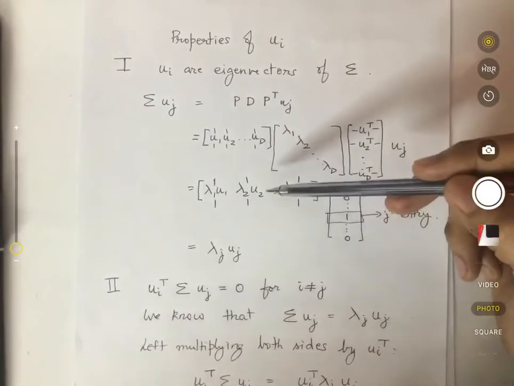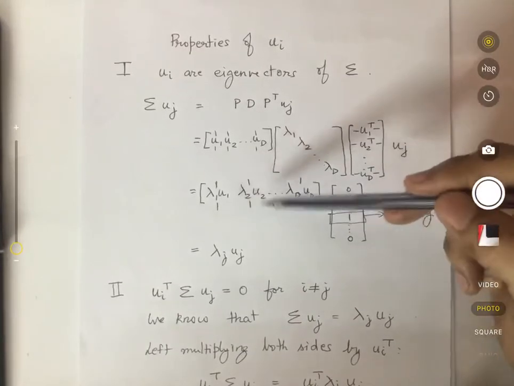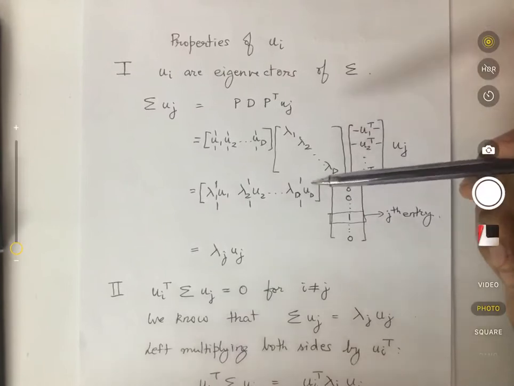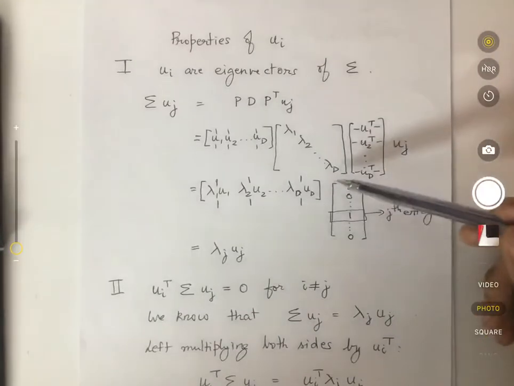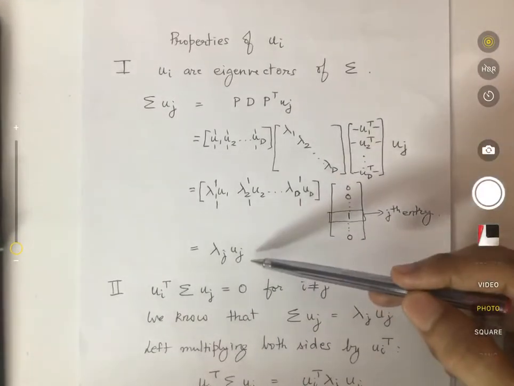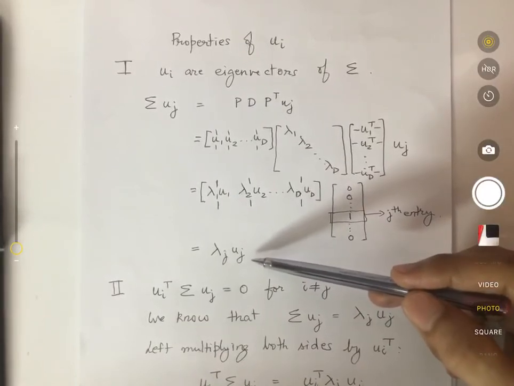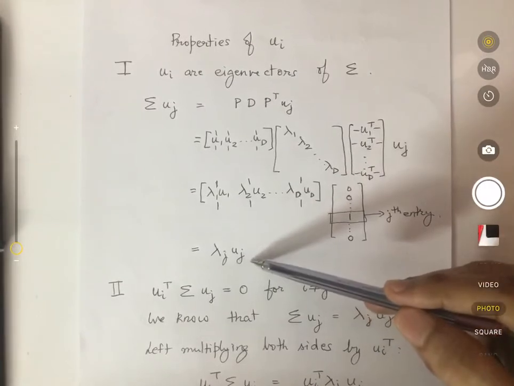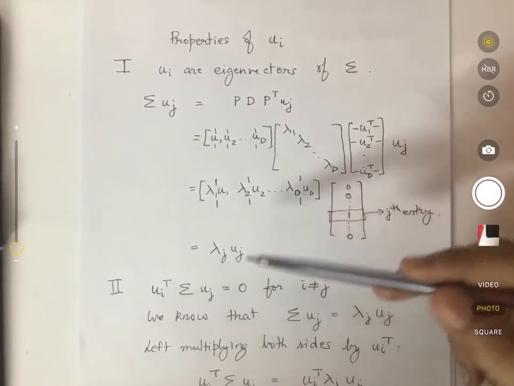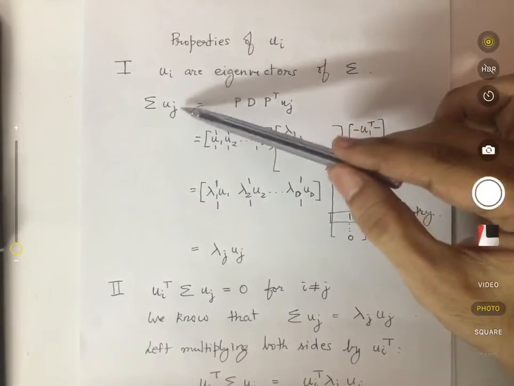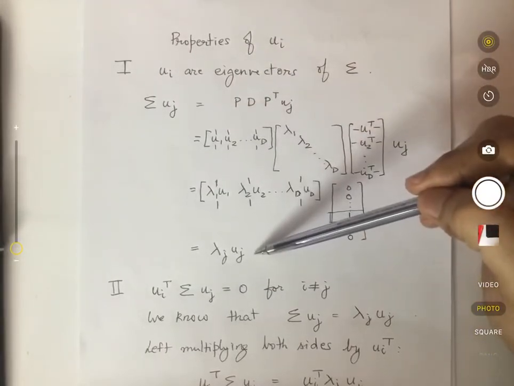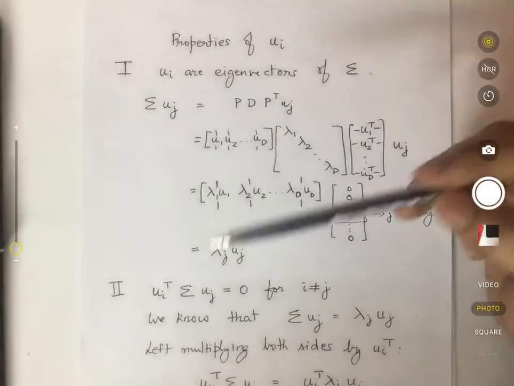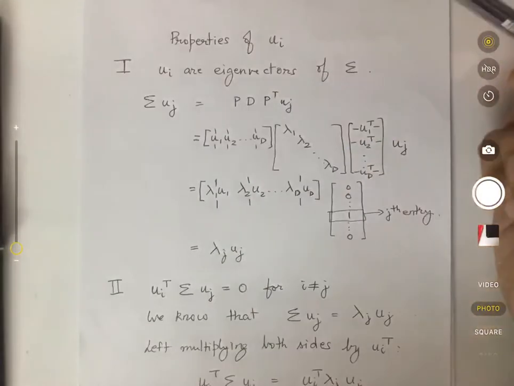You end up getting lambda 1 u1, lambda 2 u2, and so on up to lambda d ud, and then when you multiply with this, you just get lambda j uj. So sigma uj equals lambda j uj, meaning that uj is an eigenvector of sigma and lambda j is an eigenvalue of sigma.